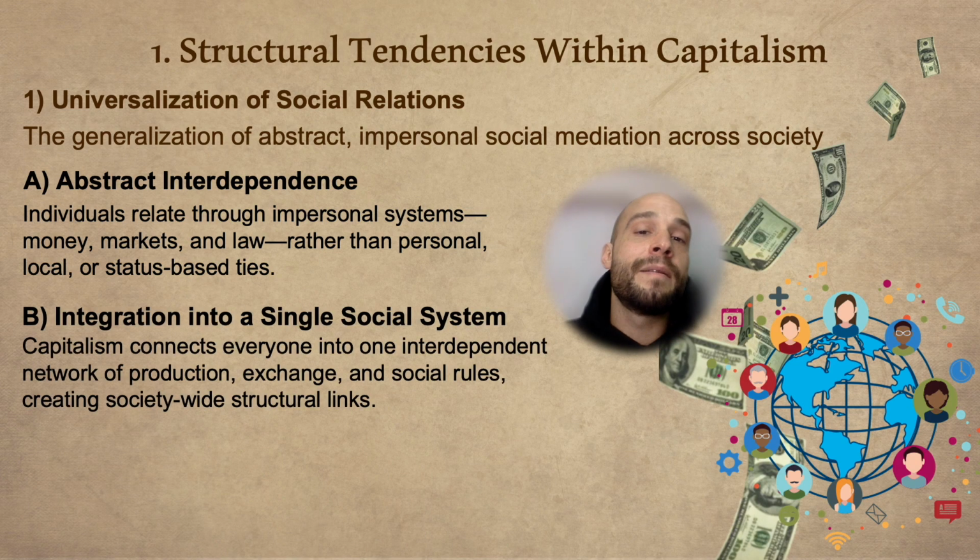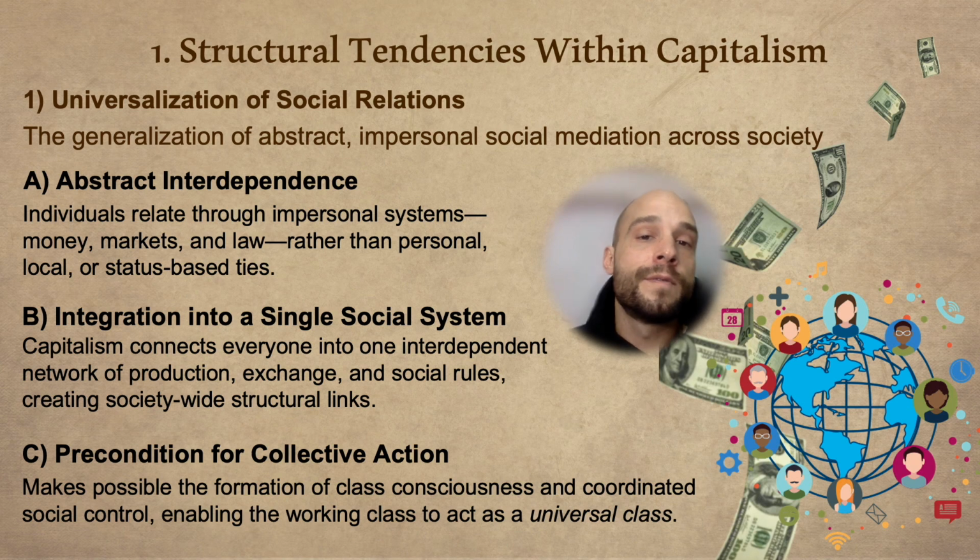Capitalism does not merely facilitate exchange, it organizes society into a single interconnected network of production, trade, and governance. This is why crises propagate globally rather than remaining local, as the 2008 financial crash made unmistakably clear. Economic and social actions in one part of the system reverberate through the whole.